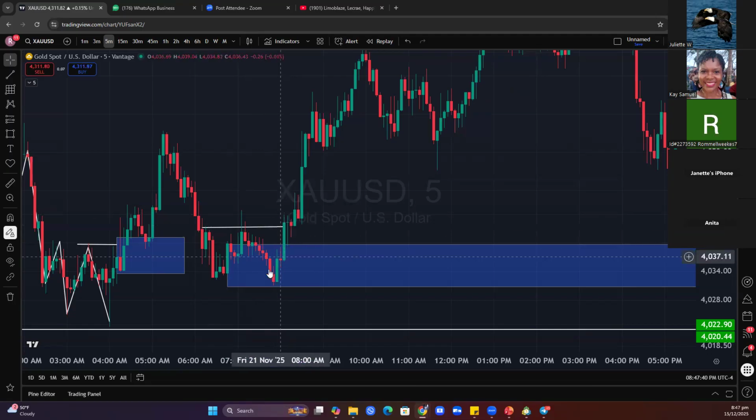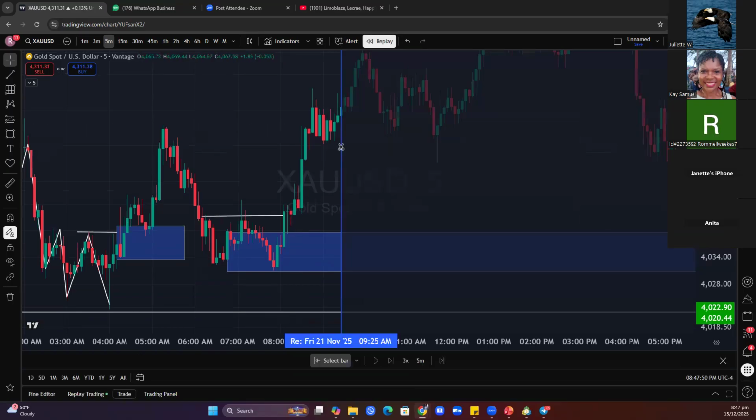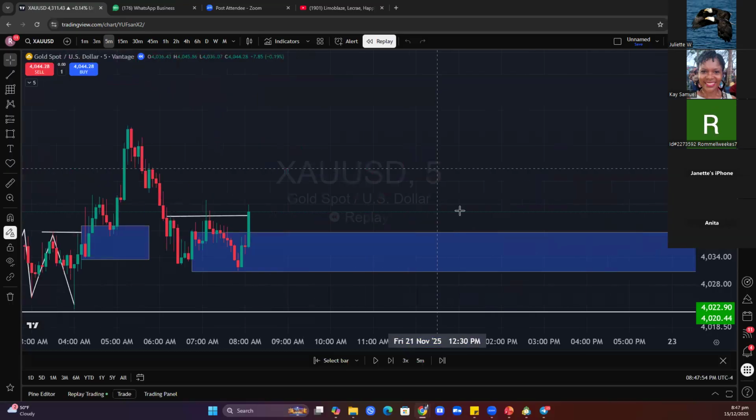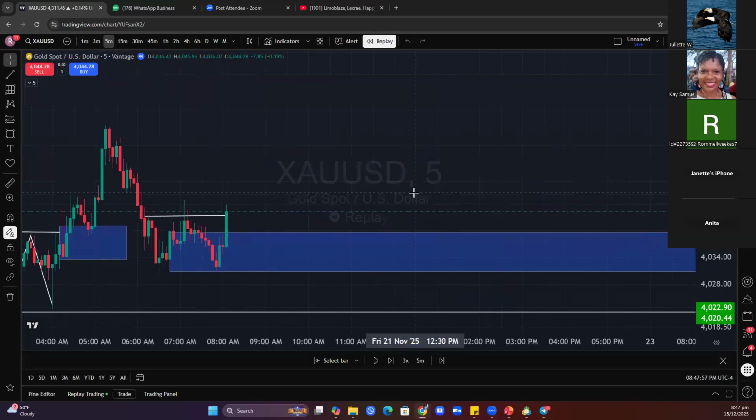And then what you want, once again, you got the engulfing here, you got the imbalance created, so that would have been just before this wick. So on a 5 minute, this is what you would have seen. Price broke above, you got your imbalance.